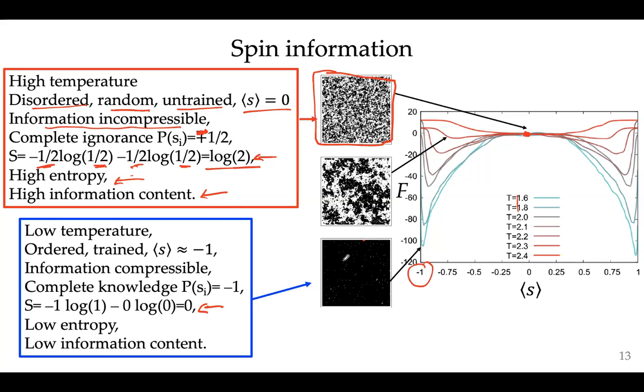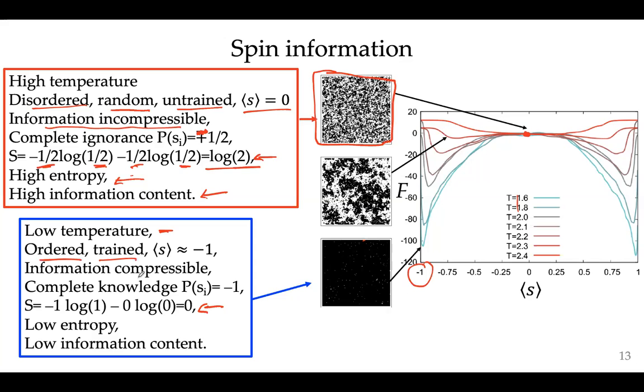Okay, what about the low temperature? So all the spins, at least most of them, are aligned. Maybe there are some certain spins that are not aligned, but it's either -1 or almost -1. So that corresponds to the low temperature case. It's ordered, it's trained.